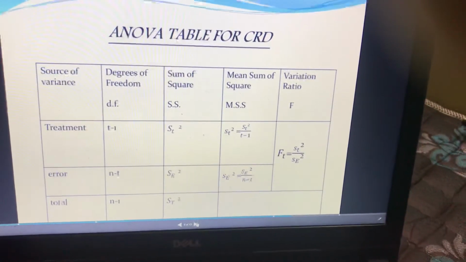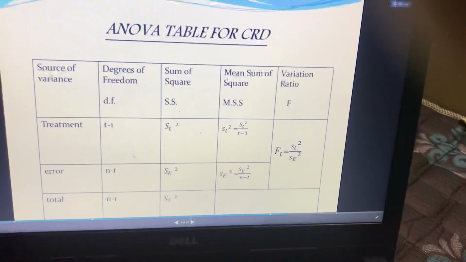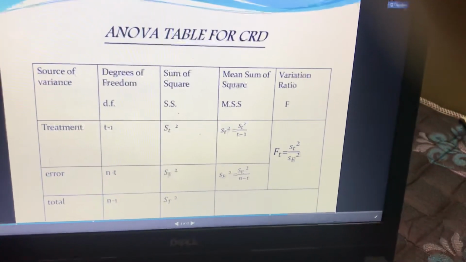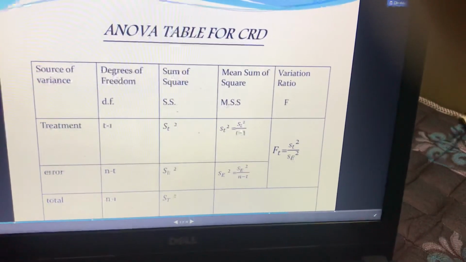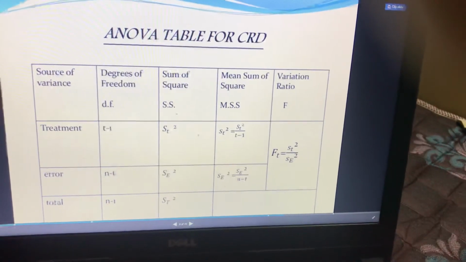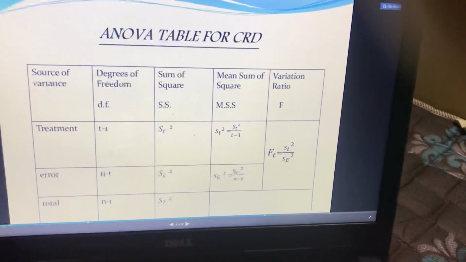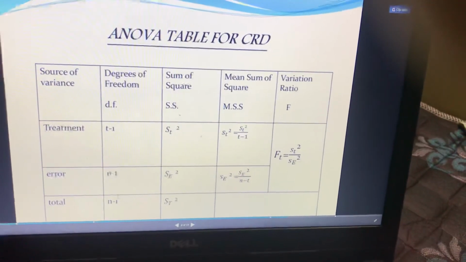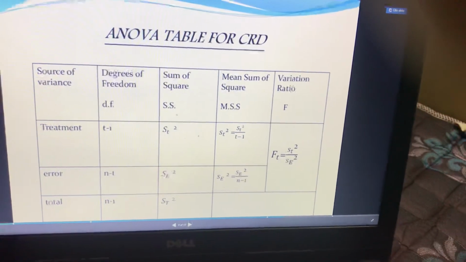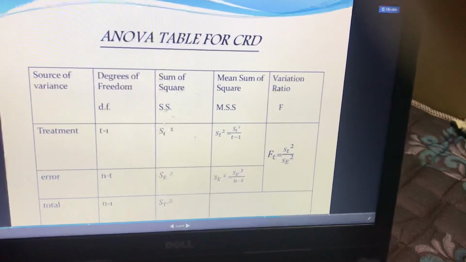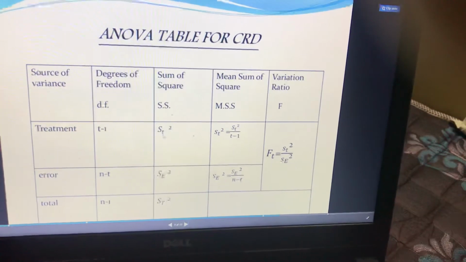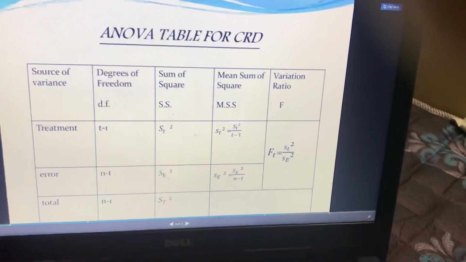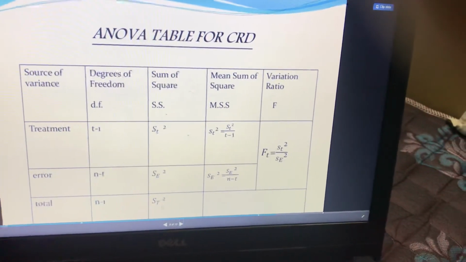So we have the ANOVA table for CRD, same as one-way classification. Sources of variation: here we have treatments, error and total. Degrees of freedom, based on the elements, are t-1, N-t and N-1. Total degrees of freedom is N-1, where capital N is the total number of observations. Sum of squares due to treatments is given as SST square, due to error as SE square, and total sum of squares as ST square.